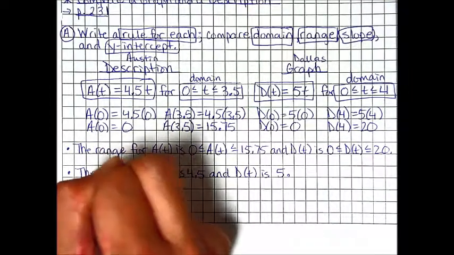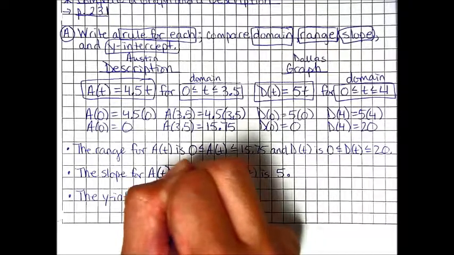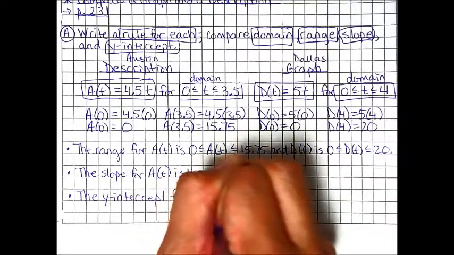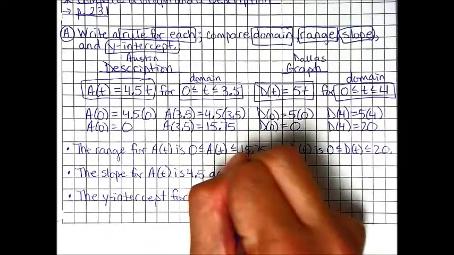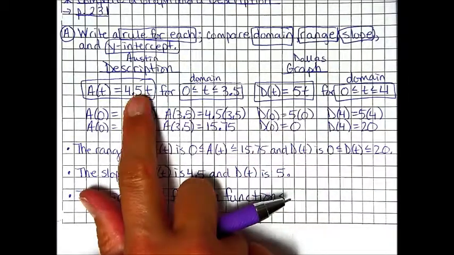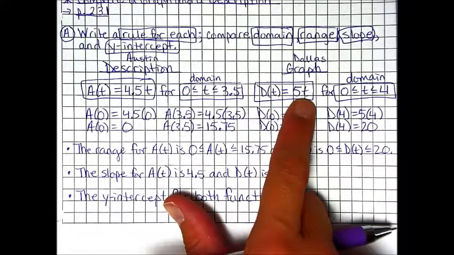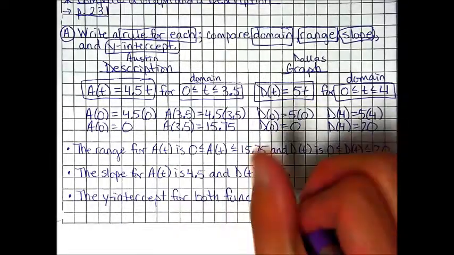The y-intercept for both functions is, look at your equations. You have a slope. You don't have a y-intercept because it's what? 0.